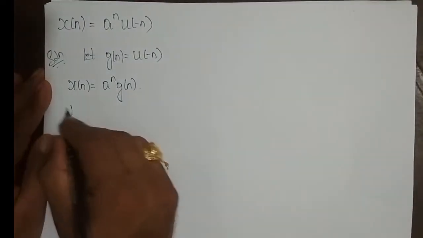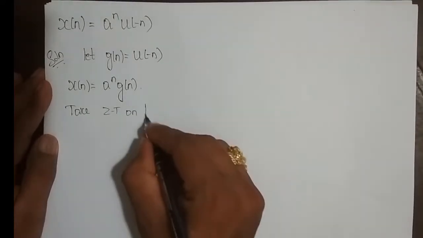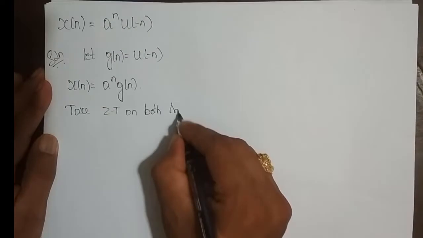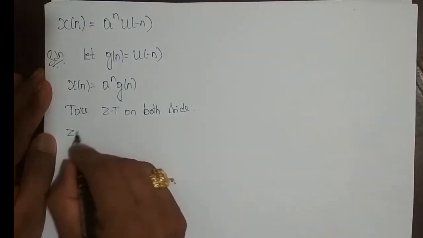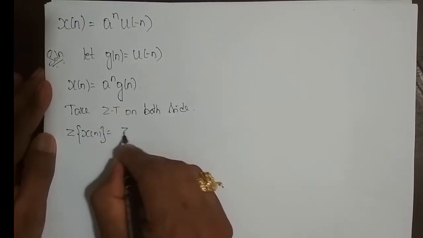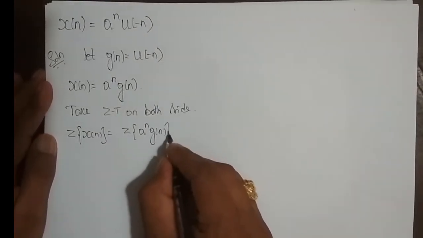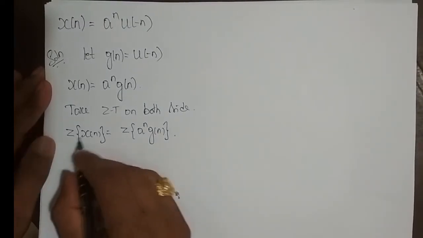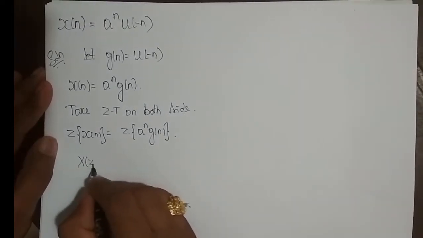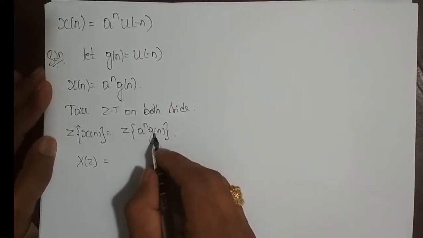Okay, if I take z transform on both sides, the left hand side is z transform of x of n is equal to, right hand side is z transform of a power n g of n. So the left hand side is X of z because z transform of x of n is X of z, and what is the z transform of a power n g of n?